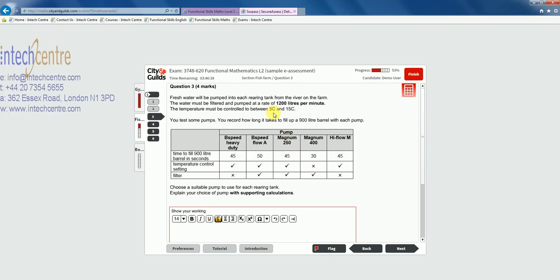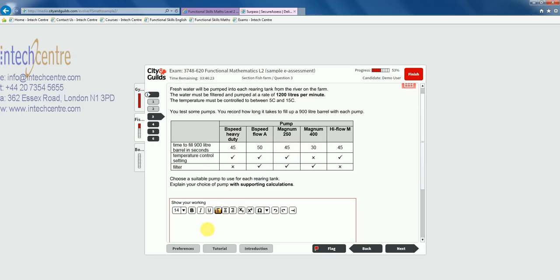So we need the water to be filtered and pumped at a rate of 1,200 litres per minute. You test some pumps, you record how long it takes to fill up a 900 litre barrel with each pump. So these are the figures that we have here. So these are our two options.